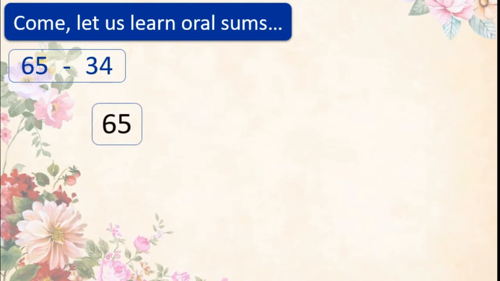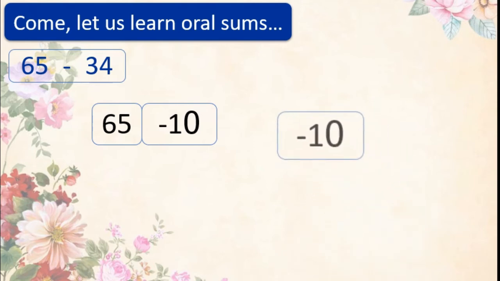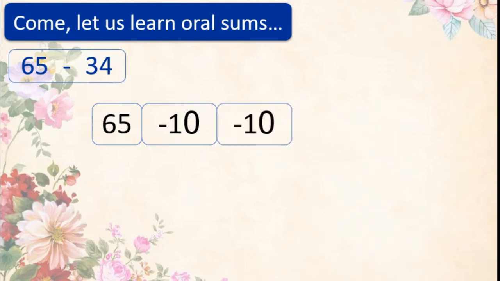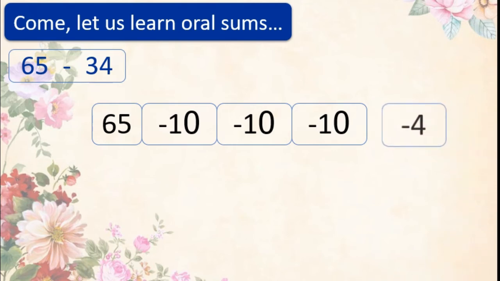Again the same method we are going to follow, but here we will do minus. 34 we will bifurcate into 3 tens and 4 units. What will we write here? Minus 10, because this is subtraction. Minus 10 and minus 10. 3 times we have written minus 10 because 30 is there, and one time we will write minus 4, correct? That is 34.